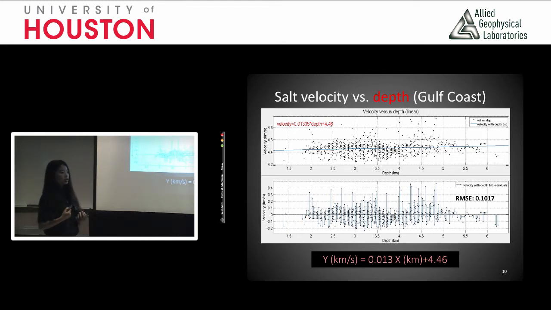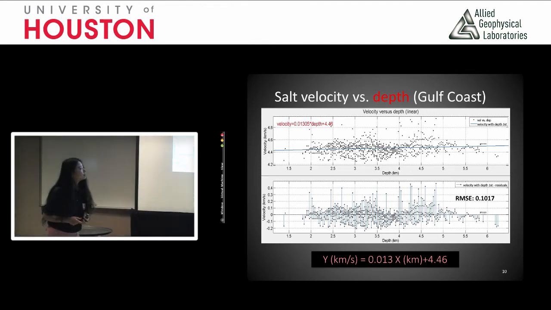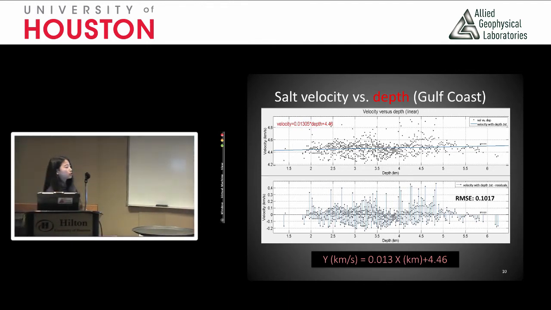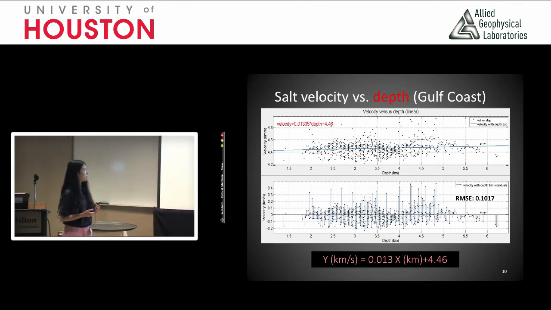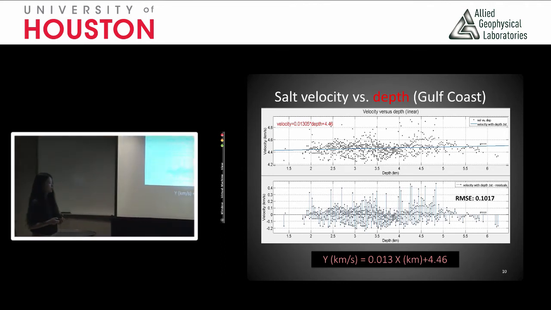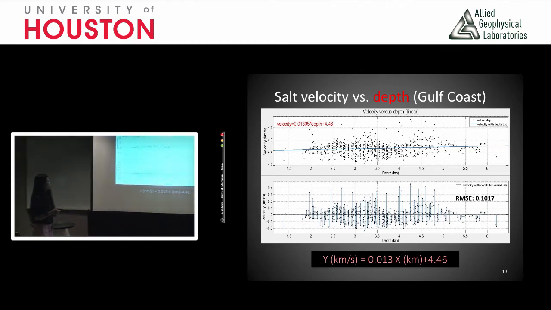We did least-squares curve fitting for this trend and came up with a relationship, and the standard deviation is shown in the lower plot. In kilometers per second for velocity and kilometers for depth, we have a slope of 0.13, and the mean velocity for the whole section is around 4.5.